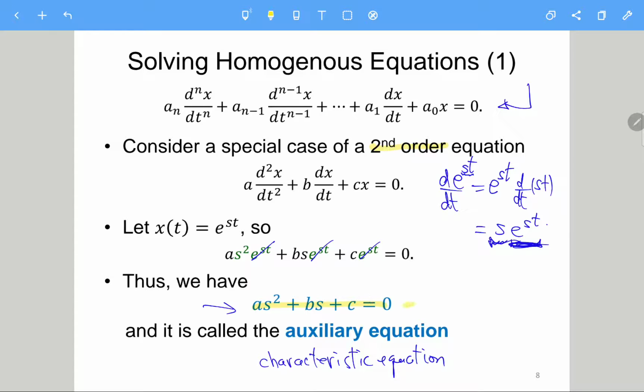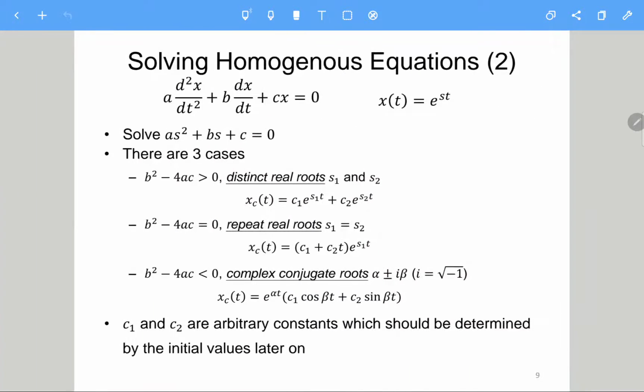Okay, so the next step is to solve this one, and of course you should know how to solve this, because you learned it in junior school. For this second order algebraic equation, there are 3 cases for the delta. We know that b squared minus 4ac is called the delta.